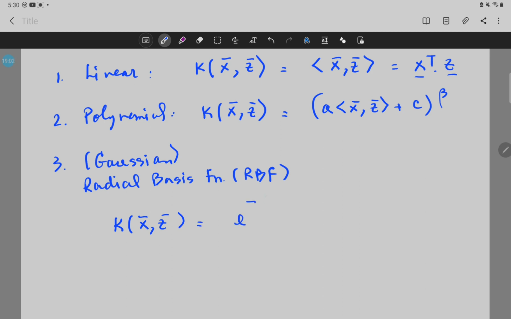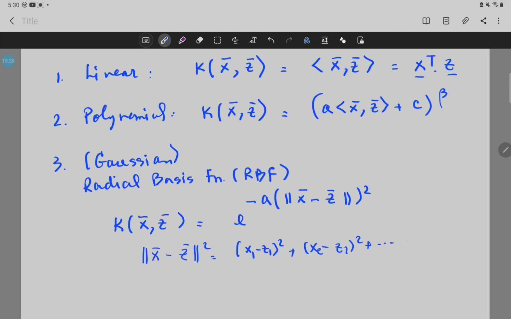So it's e to the negative some variable times the magnitude of x minus z, the whole thing squared, where the magnitude of x minus z squared is just (x1 minus z1) squared plus (x2 minus z2) squared plus etc., until (xn minus zn) squared.